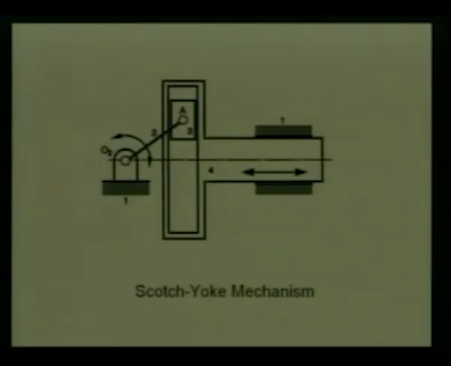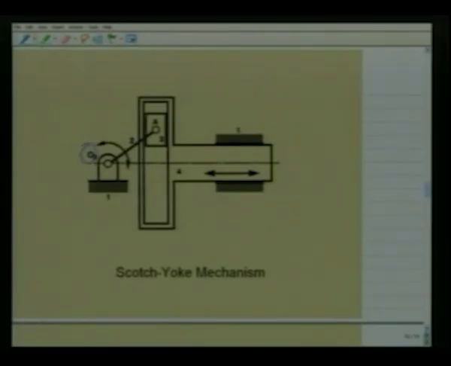So again we have this R, R, P, P chain. There is one revolute pair at O2, one revolute pair at A, there is a vertical prismatic pair between 3 and 4 and a horizontal prismatic pair between 4 and 1.